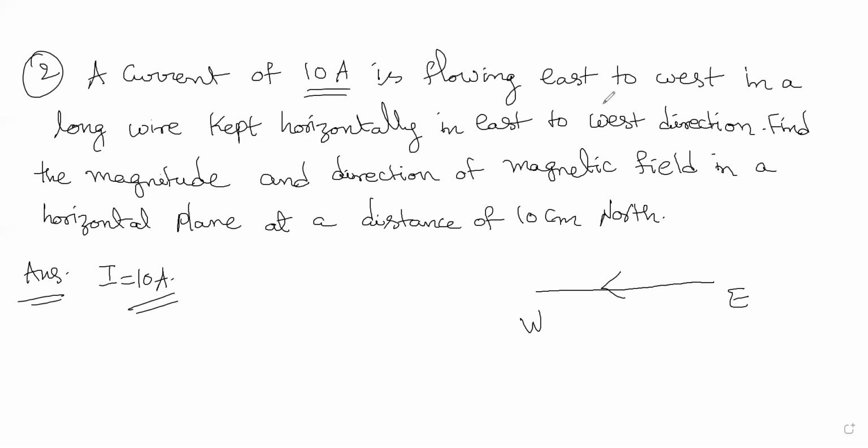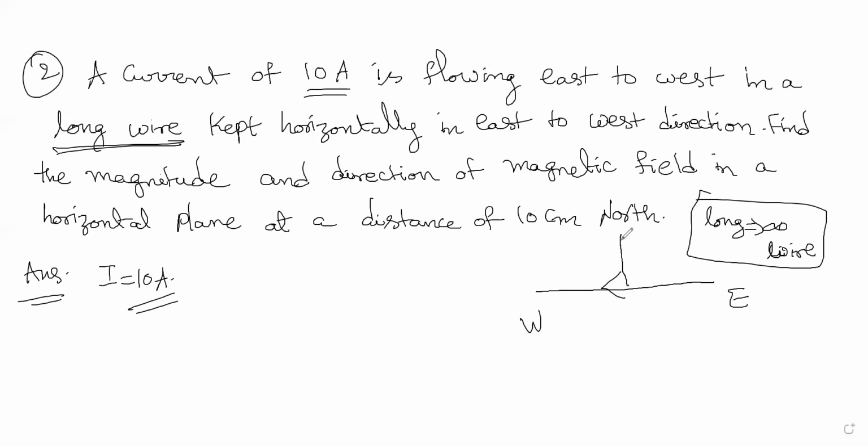And in a long wire, this is the next funda. If they say long, long enough, that means that's a situation of an infinite wire. So if they say long, you can consider the situation to be an infinite wire. So I is about 10 amps, long wire kept horizontal in east west direction. Find the magnitude and direction of the magnetic field in the horizontal plane.